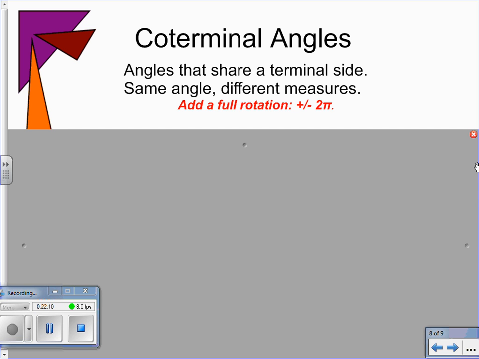Yesterday we said to find our coterminal angles, we'll add or subtract 360. If we're working in radians, instead of adding or subtracting 360, we should add or subtract 2 pi. So all we're doing is changing the value that we're adding or subtracting, because one revolution is now a different measure.